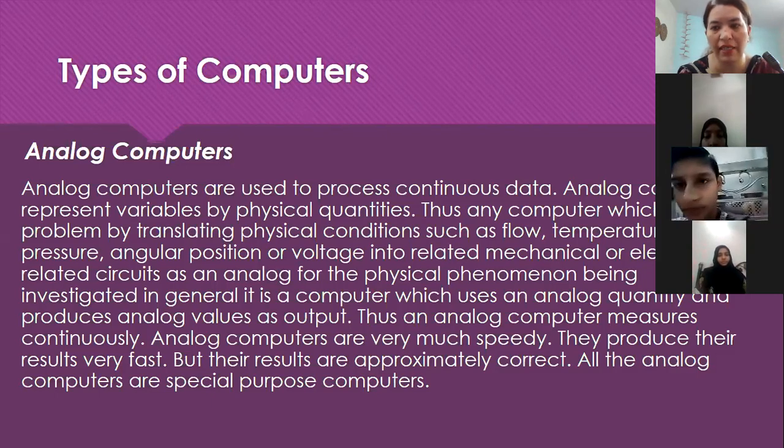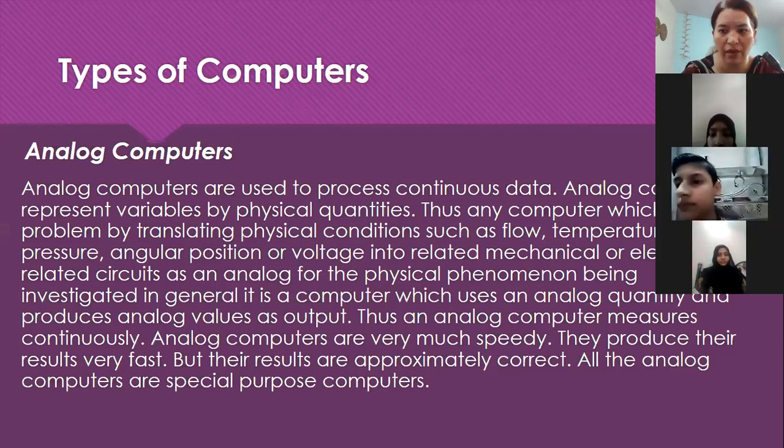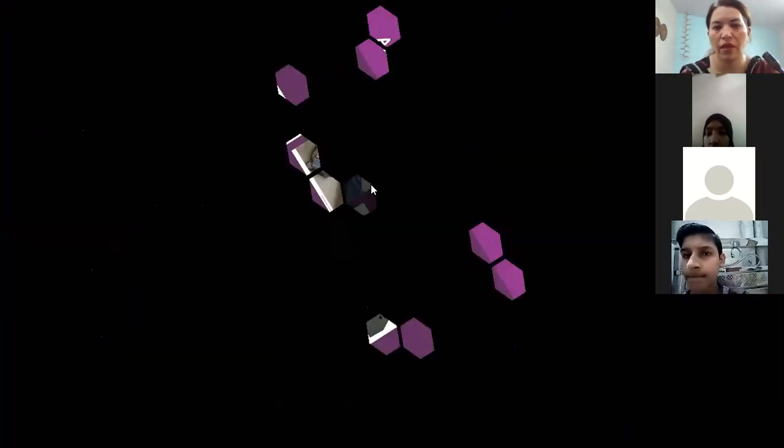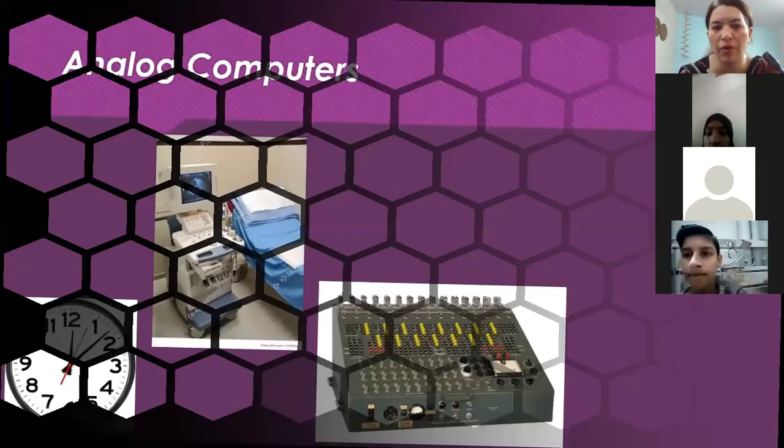It must have 2 hands and move round and round. Is it so? Yes, it is. It's an example of an analog computer. It works on continuous data. These are the examples of analog computers.